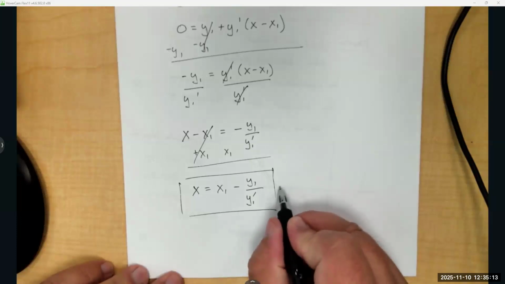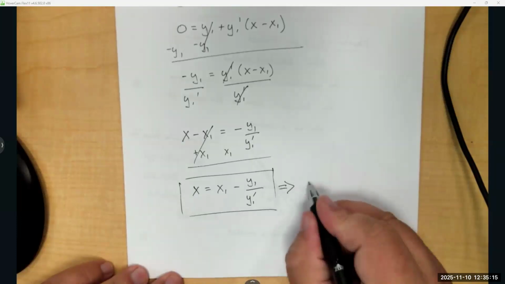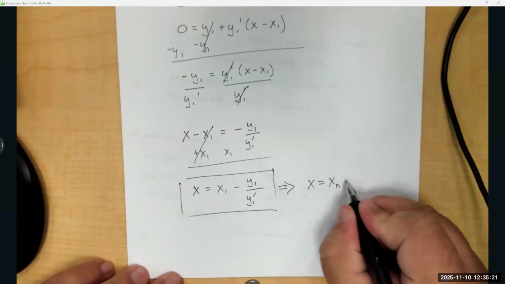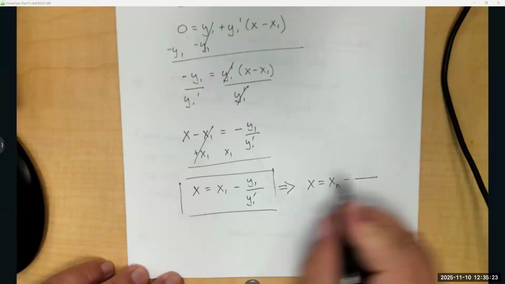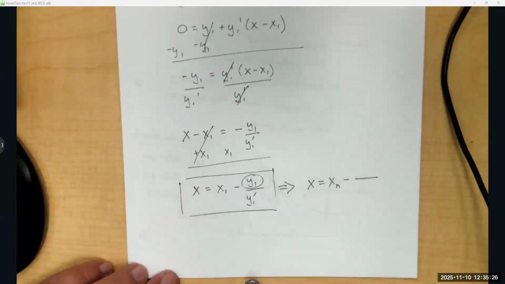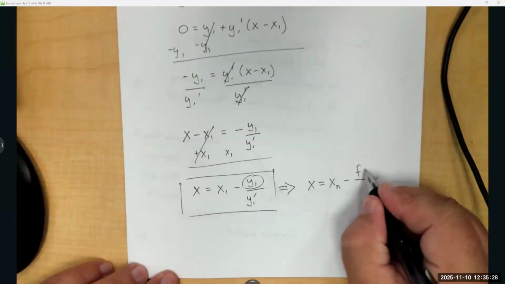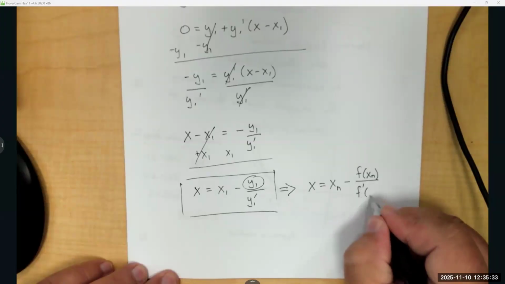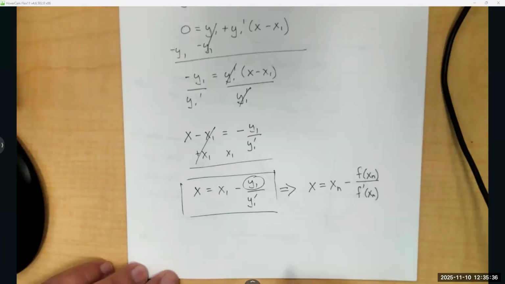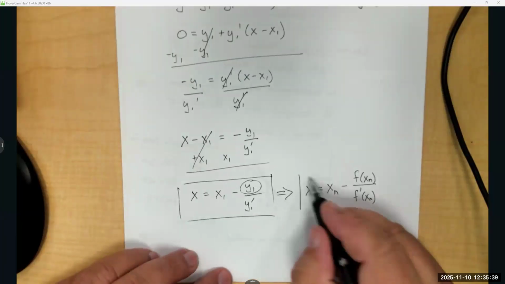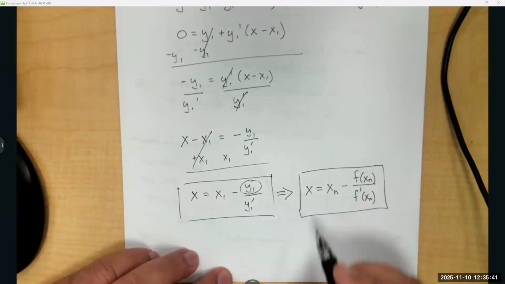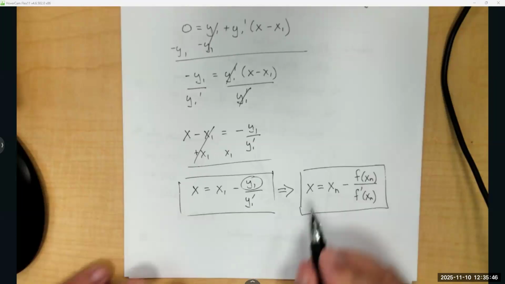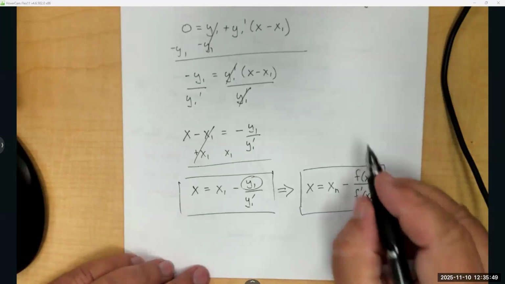So here's the general formula for it. x sub n, instead of writing y sub 1, this is f of x at x sub n, and then the derivative at x sub n. Now, the reason this is iterative is because you begin with x sub n.